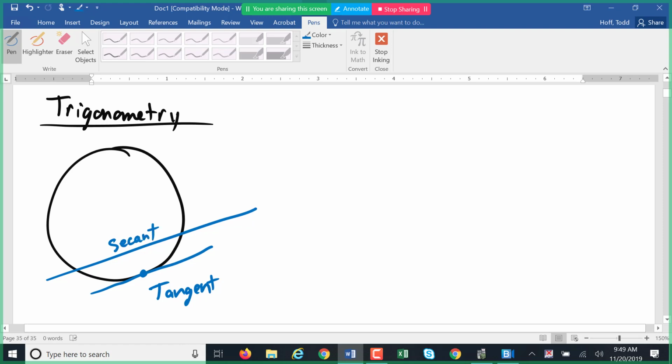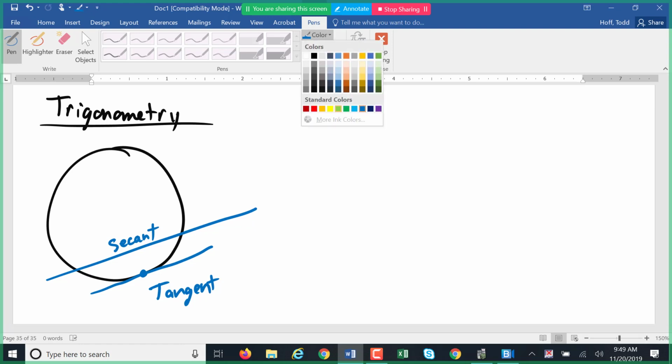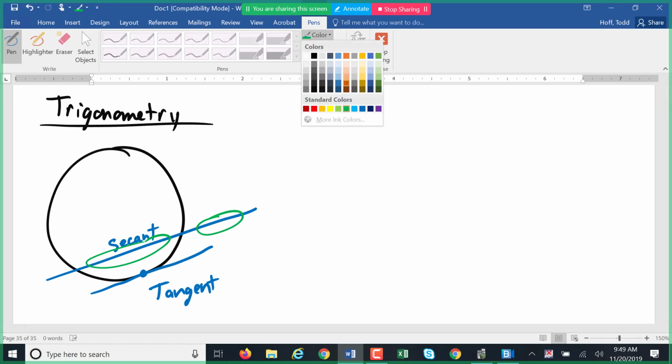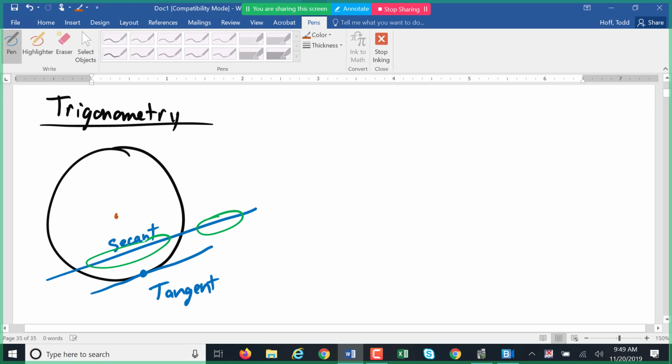A secant contains points that are both inside the circle and outside the circle. We know that a diameter is just a chord. Now a chord contains points, its endpoints are on the circle.